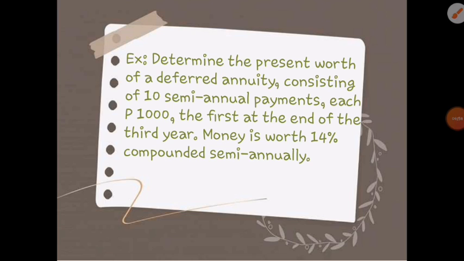Determine the present worth of a deferred annuity consisting of 10 semi-annual payments of 1,000 each, the first at the end of the third year, if money is worth 14% compounded semi-annually.